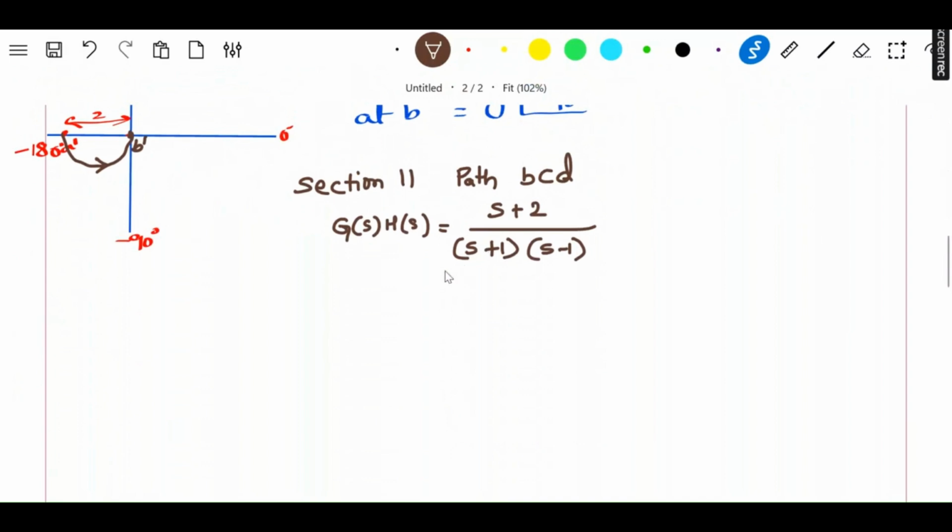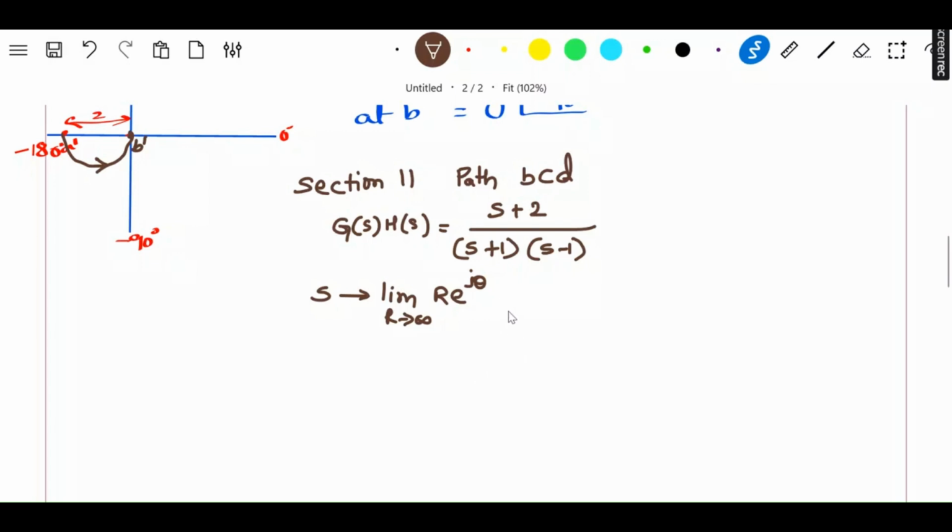So what we do here is we'll first substitute s as r into e power j theta, with limit r tends to infinity. So this is the substitution for s we need to make.